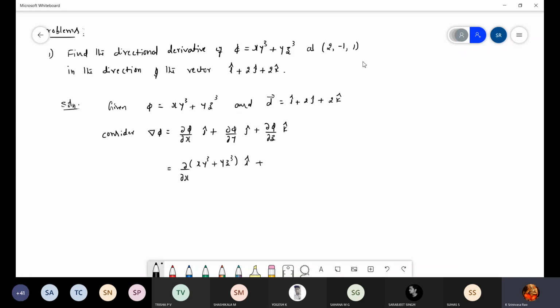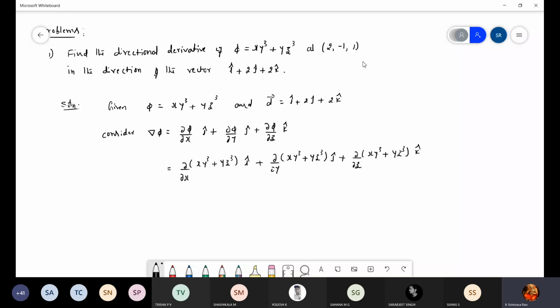Dou by dou x of xy cube plus yz cube i cap, plus dou by dou y of same xy cube plus yz cube j cap, plus dou by dou z of xy cube plus yz cube k cap. See, just I'm substituting.